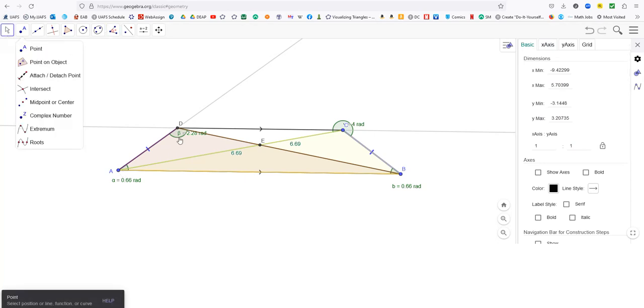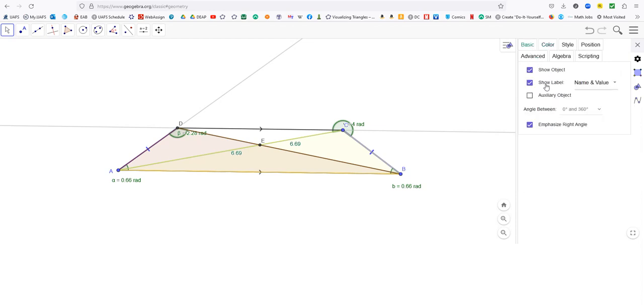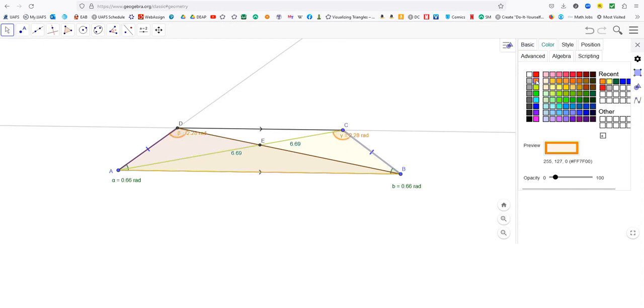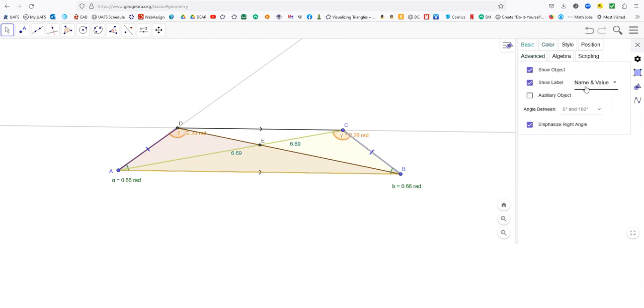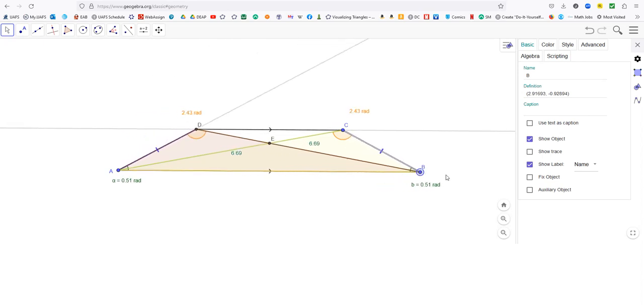So we want both of those angles to be between 0 and 180 degrees, and let's make them orange. And just to show this value is good enough, look at that, they're congruent to each other. See, we just proved that. Okay, so we have a side here, and then of course we have vertical angles here.